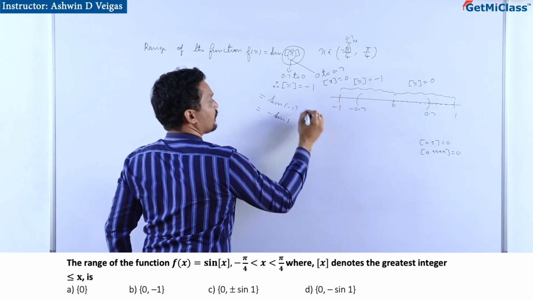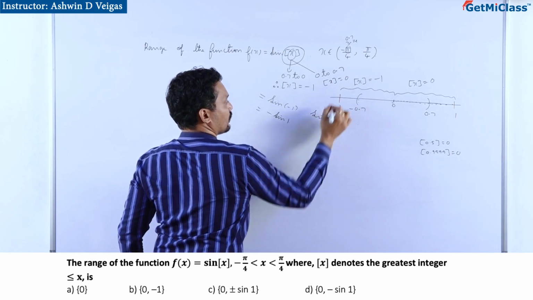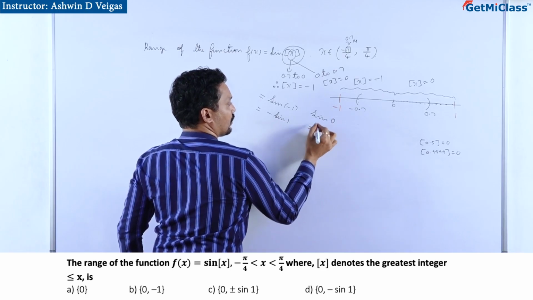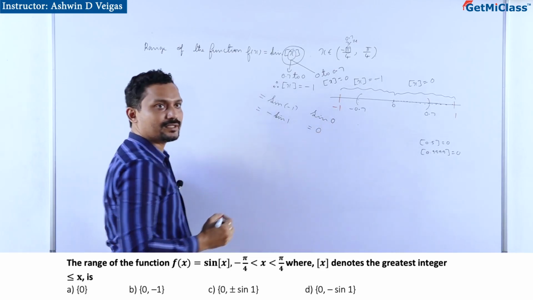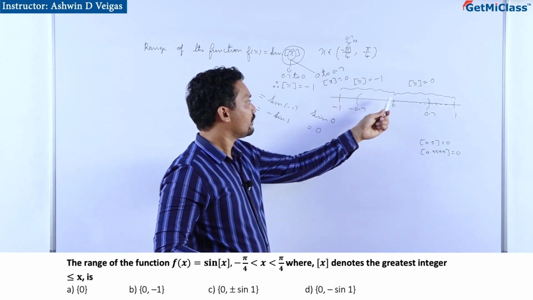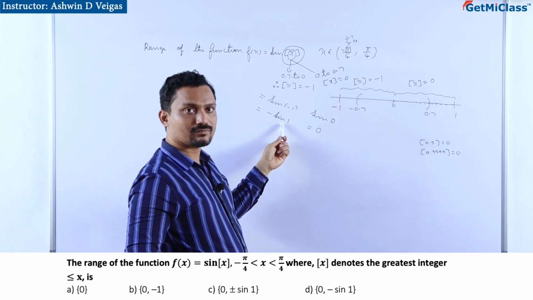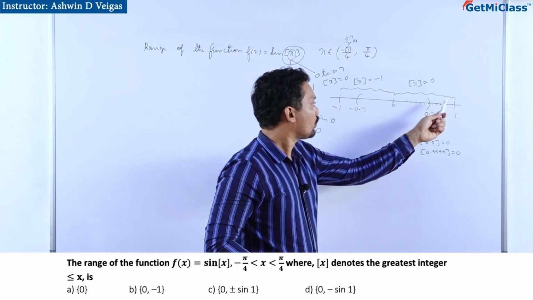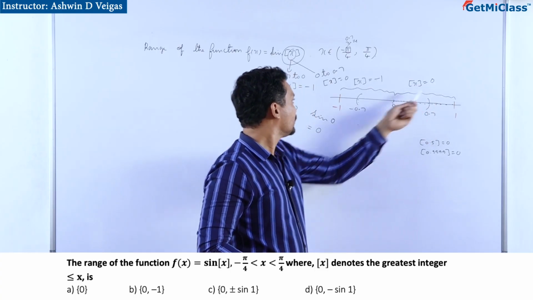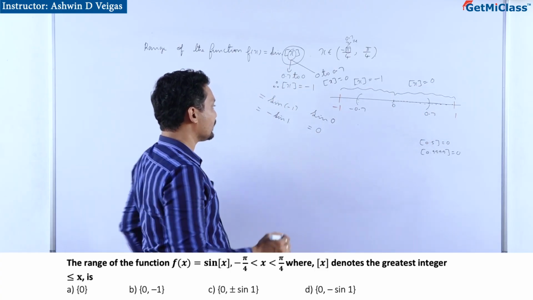Therefore, we will get sine of 0, and sine of 0 is 0. That means from minus 0.7 to 0, greatest integer takes minus 1, so you will get minus sine 1, and from 0 to 0.7, they take the value 0, hence you get sine 0, that is 0.